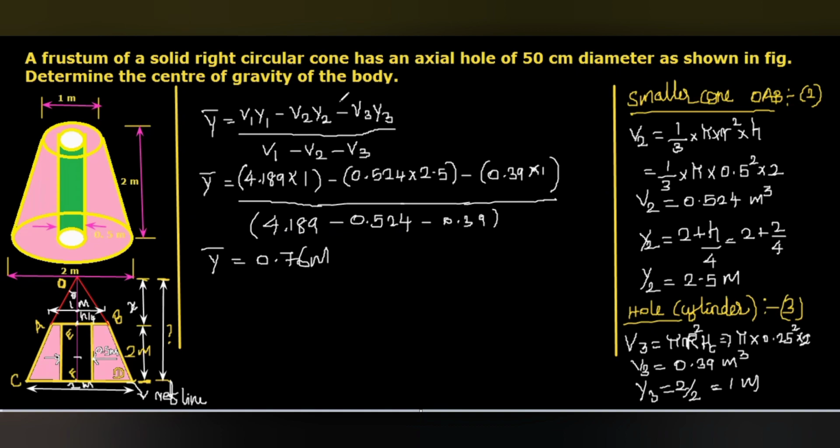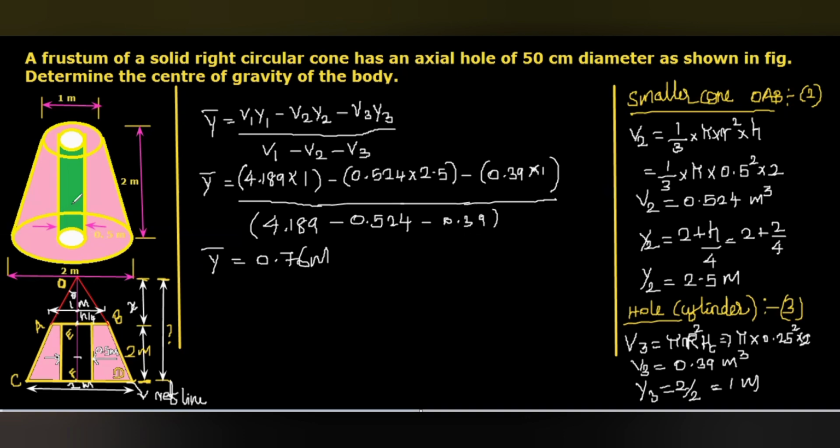Okay, guys, here two reference videos are there. One is to understand this type of formulas, X bar, Y bar, in terms of mass, volume, area, whatever. For that, center of gravity by moment method. And then for cone, cylinder, what is the volume, what are the x distance, y distance values from the reference line to the center of gravity.